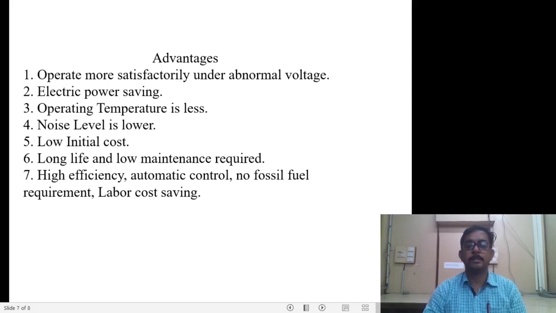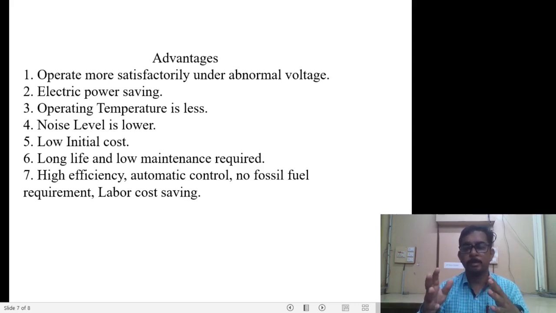Advantages of energy efficient motors are: they operate more satisfactorily under abnormal voltage conditions. Nowadays, so many faults occur on the transmission system, line to ground fault, line to line fault. So due to that, the voltage level will get affected. And if the voltage level gets affected, then the induction motor will not run properly.